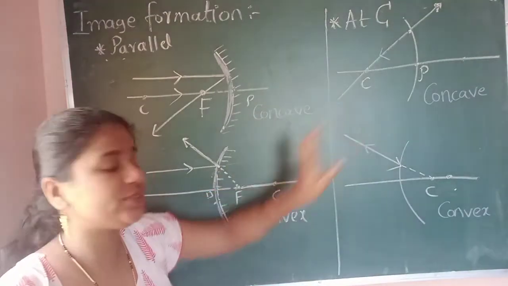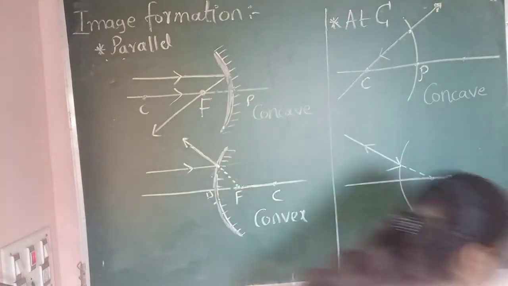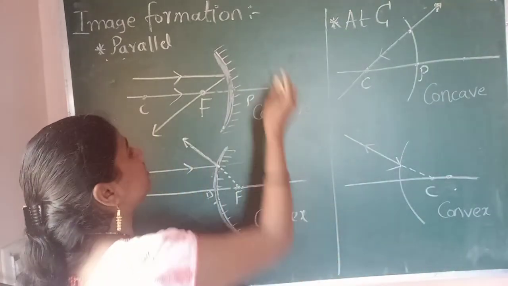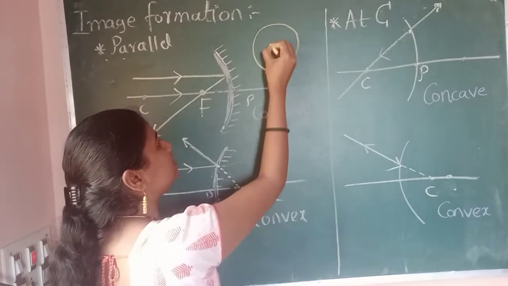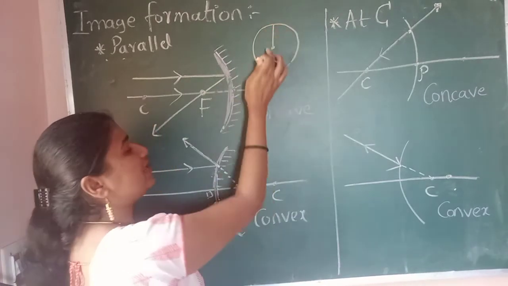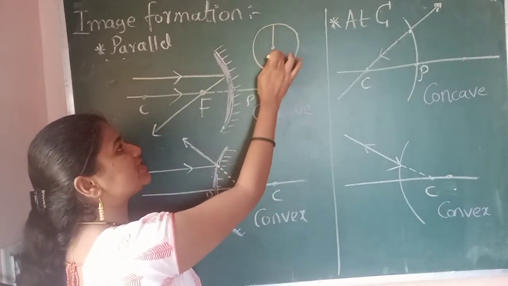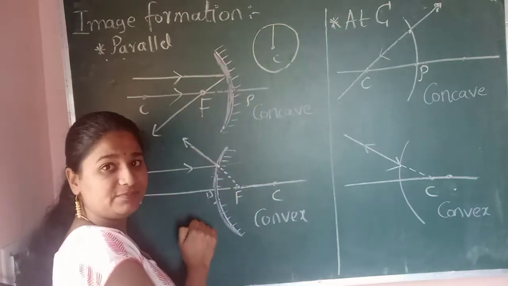before going to this, we have to understand one geometrical concept. Let us consider a circle. This is the center of the circle and this is a radius. The radius is the distance between the center point and any point on the circumference of the circle.